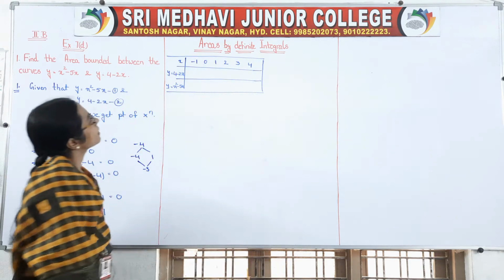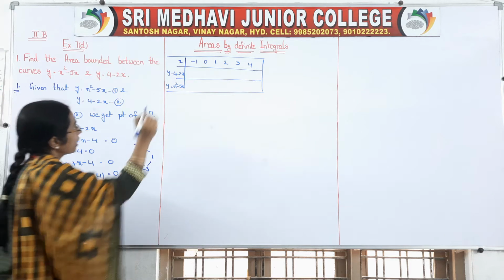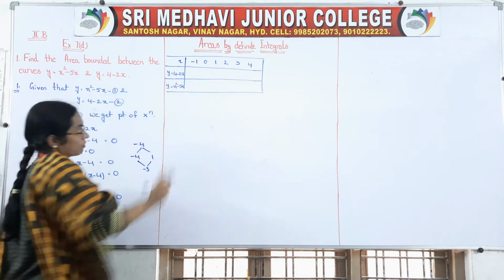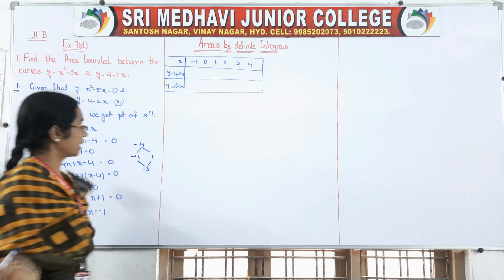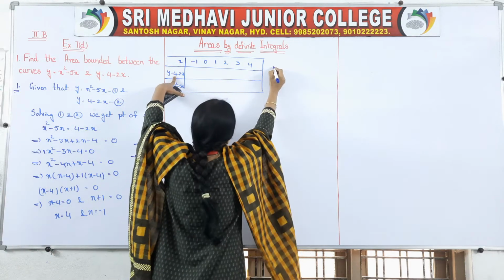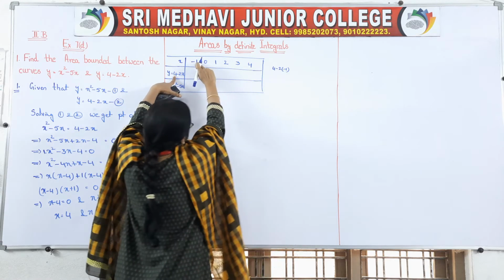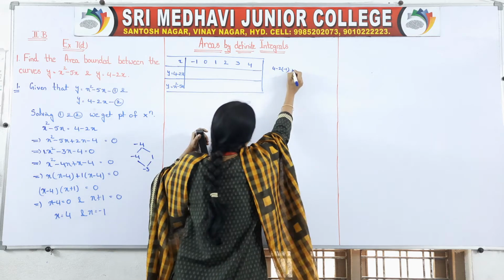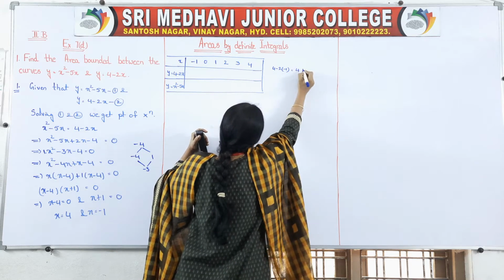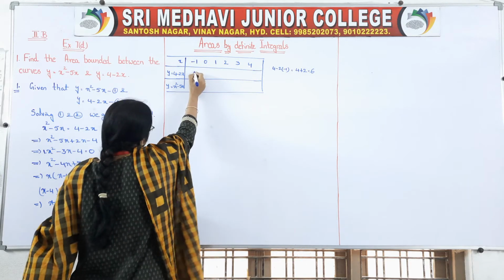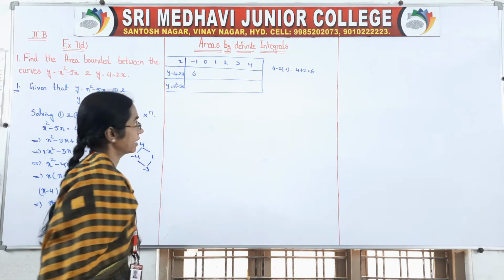Now first observe, you take your x value as minus 1 in this equation, y is equal to 4 minus 2x. So it is 4 minus 2 into minus 1, we have substituted, is equal to 4 plus 2, which is 6. So we have to take 6 here.